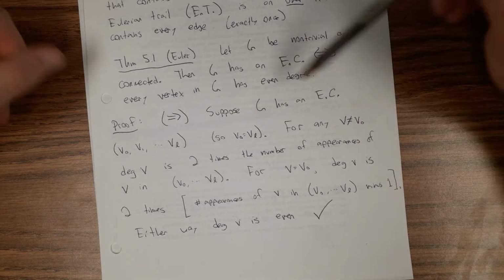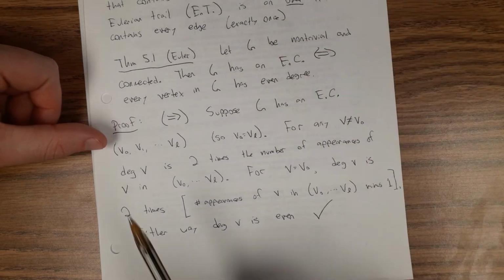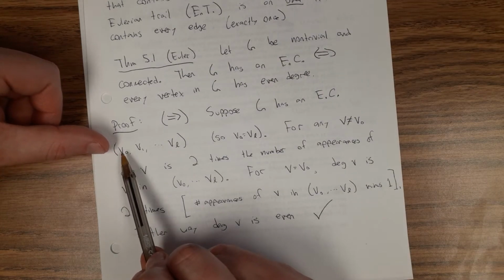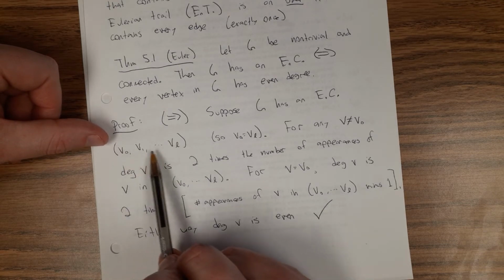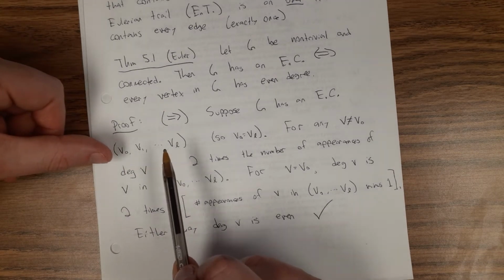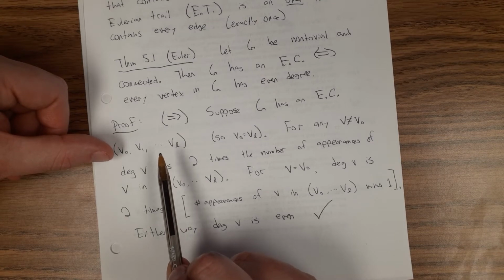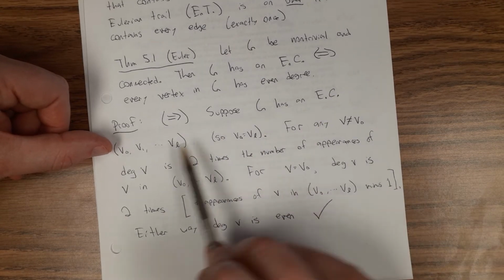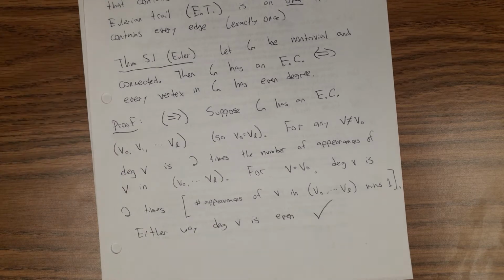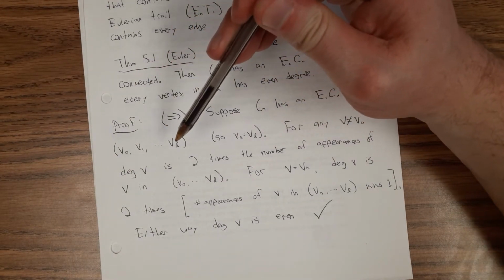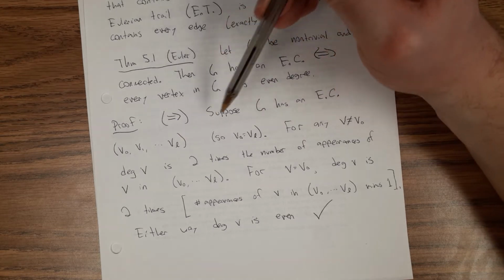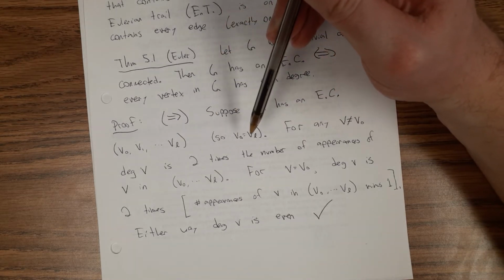So suppose G has an Eulerian circuit, and let's spell this out. A circuit is a sequence of vertices. So I have some sequence of vertices, and in particular, it's a circuit, so the first and last vertex have to be the same. And one awkward thing about this is a vertex might have several names, and we already know of a vertex in here that has two names.